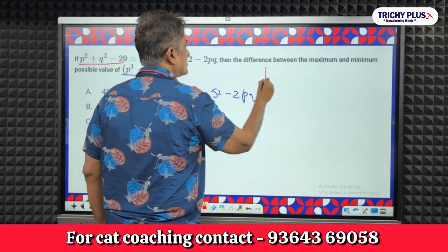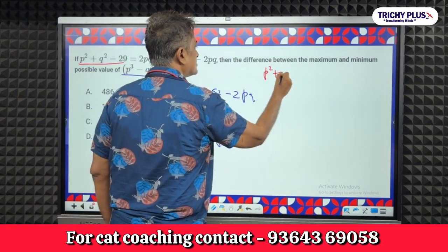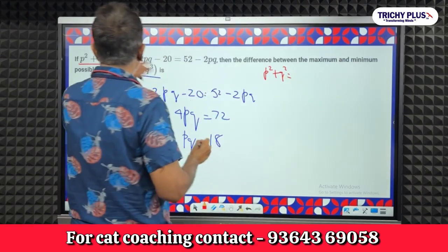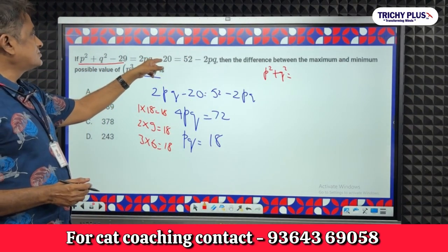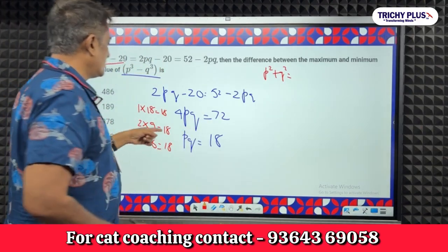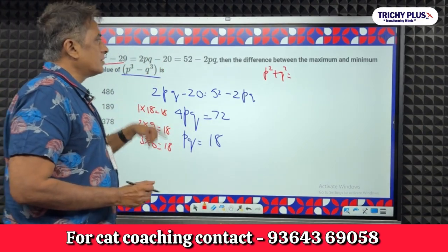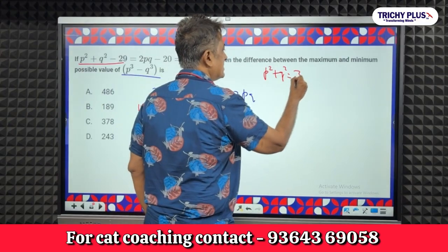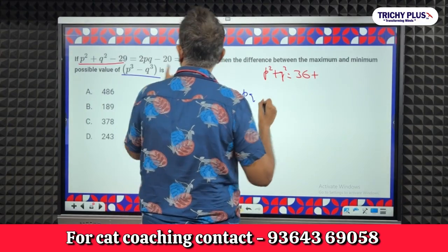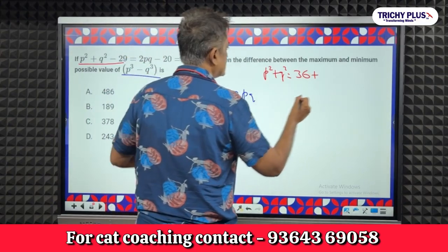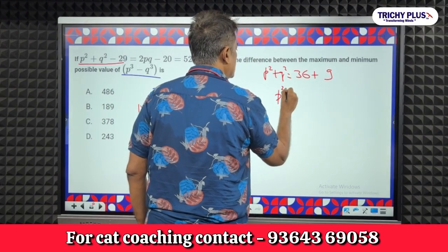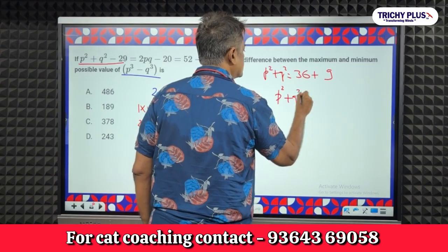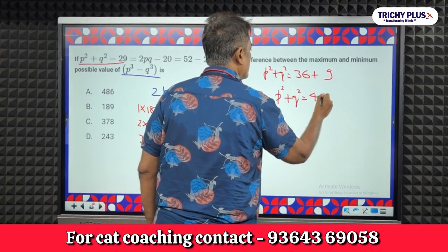P squared plus q squared minus 29 is equal to 2p cube minus 20, the pq value being 18, so 36 plus 20 minus 29 is 45, that means p squared plus q squared is equal to 45.